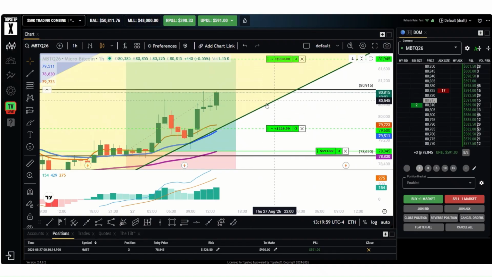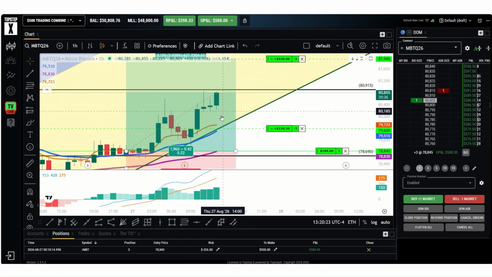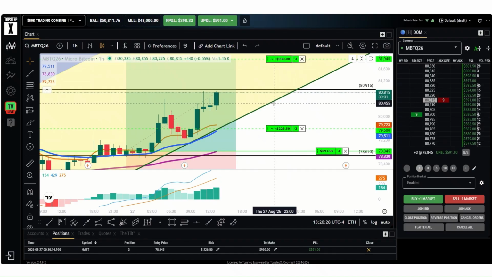However, what I'm watching now is that if this resistance does hold, chances are I will not fulfill this limit order sitting up here for a take profit target of $930. If anything, it may just bounce around, finding resistance at 80,900, but at the same time respecting the diagonal channel. So we might see price ranging and getting a squeeze to the upside sometime during tonight's trading session, as we see that there's a crossover right here.